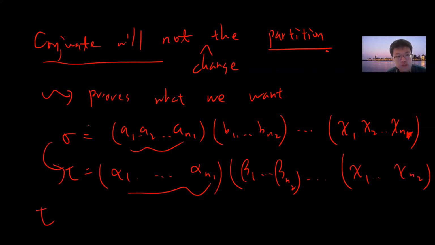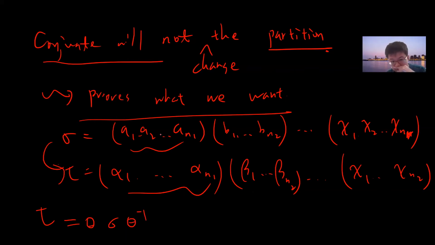I want to prove that tau can be changed into sigma. I want to find some theta which connects these two, because I claim that if they have the same partition, then they must be conjugate to each other.